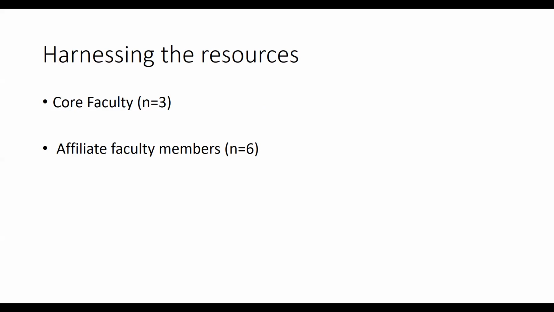So we've asked them to join us as what we call affiliate faculty. We have affiliate faculty from different departments, the Department of Surgery, the Department of Internal Medicine. We also have someone from Basic Sciences and even a professor from outside the Faculty of Medicine who helps us with the medical research volunteer program.